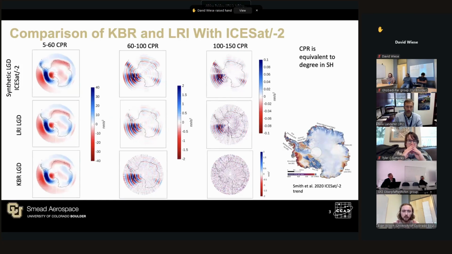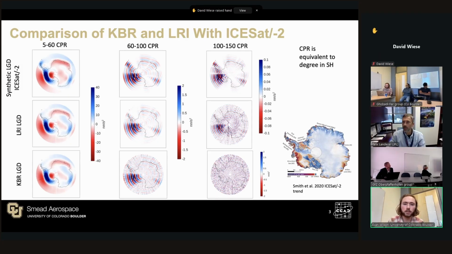I've also performed more specific filtering analysis for the KBR, breaking it down in that 60 to 100 CPR band. My conclusion was that beyond 85 CPR, the KBR is not really resolving anything.